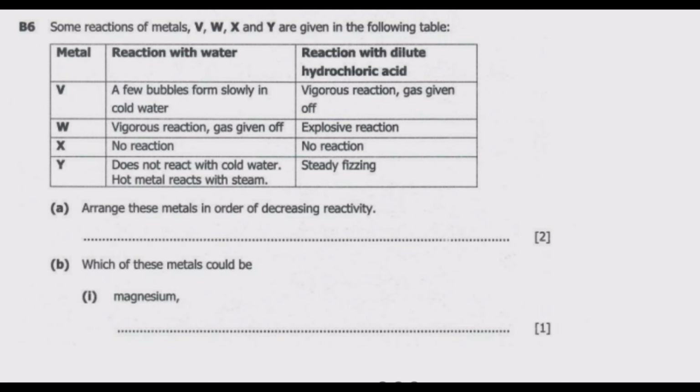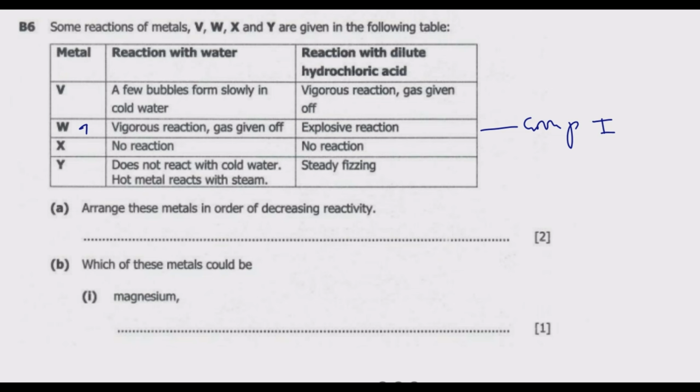What you notice in this case is that W reacts with water and produces a gas, and also reacts explosively with hydrochloric acid. So this is the most reactive, and this would be the first one. It is suspected to be a group 1 element, because group 1 metals react with water and are the most reactive metals.